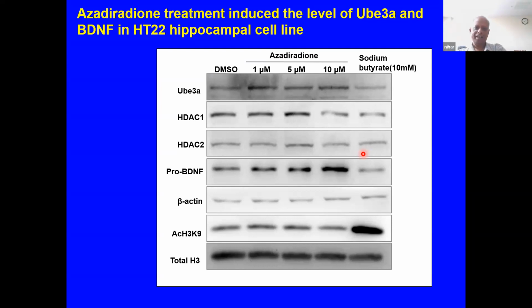But surprisingly, we identified, as a very sudden observation while working on a molecule purified by a Bose Institute group, a compound found in neem seeds, the evergreen neem tree, highly enriched in the seeds.